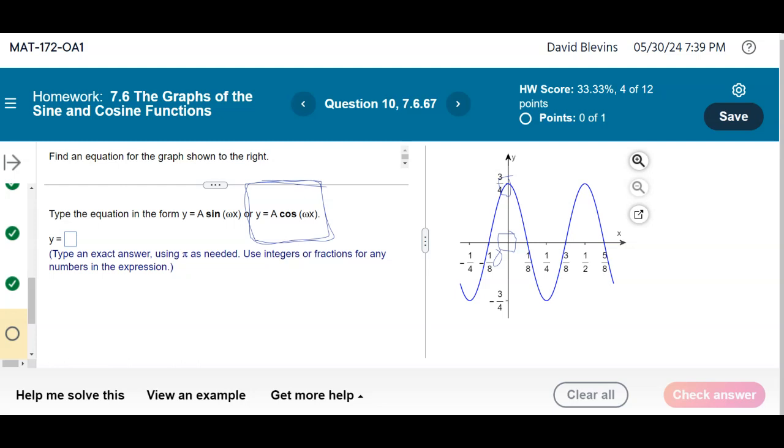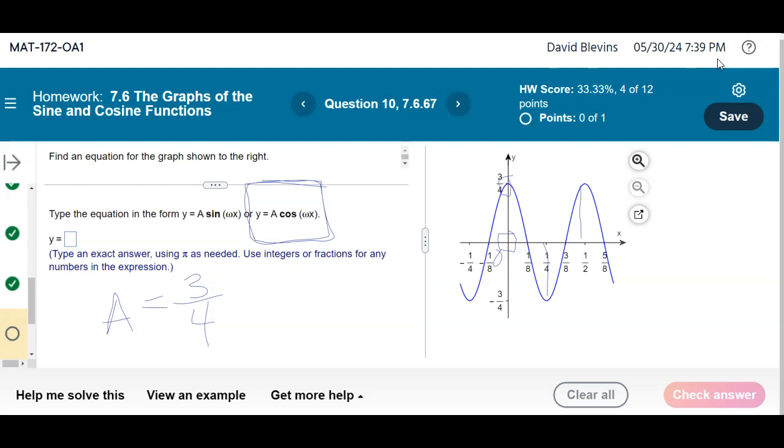at its peak. Right, and remember A is the distance between the midline and the peak, or the midline and the minimum. So you can see we're going up to 3/4 and down to negative 3/4. So far that means that we have A equals 3/4 cosine. So I know 3/4 is my max and min, so that means that 3/4 is the amplitude.